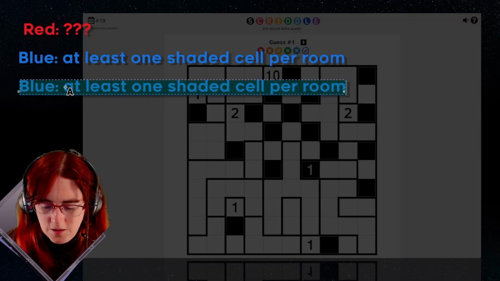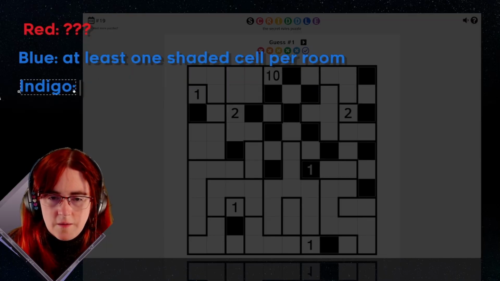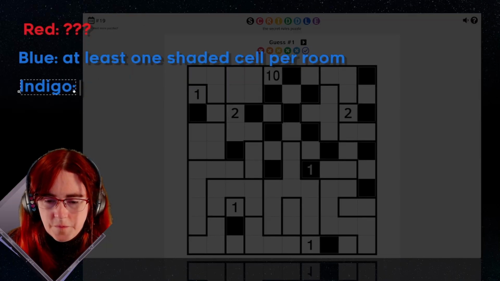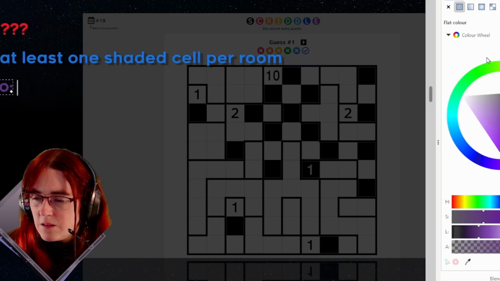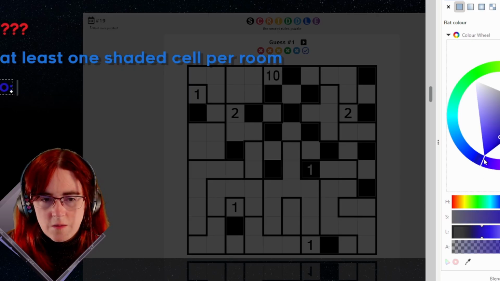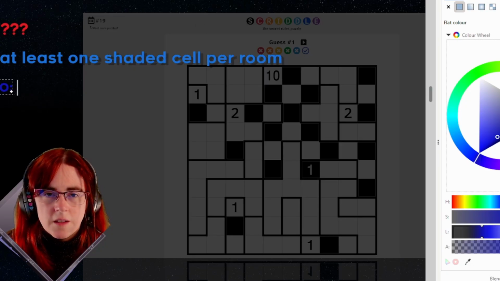And we had a theory for indigo, didn't we? I don't really have indigo, but we can use... Oh no, we can't use purple because that's also... Hold on, let me get the color wheel out. Okay, that'll do for indigo. Can we read that?